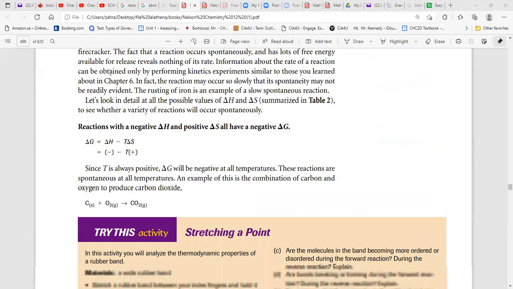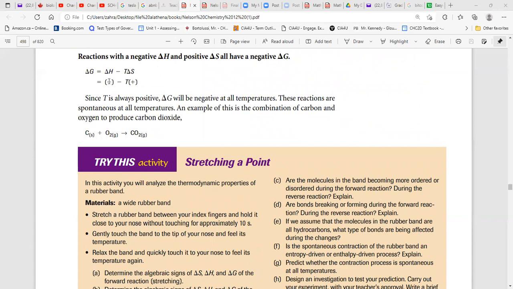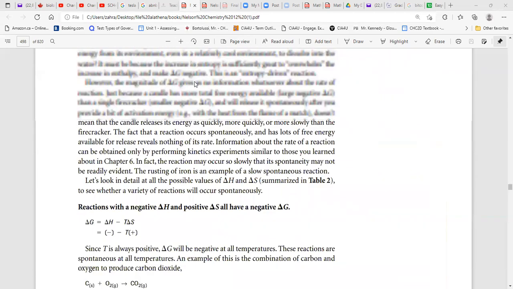Looking at the Gibbs energy, if delta H is negative and delta S is positive, it means the reaction is exothermic and going to a more disordered state. Then a negative plus a negative number will give you a negative delta G, true?